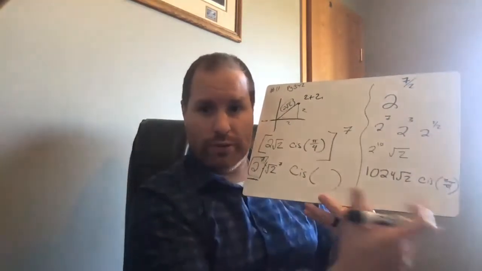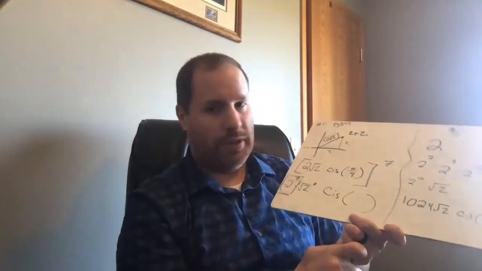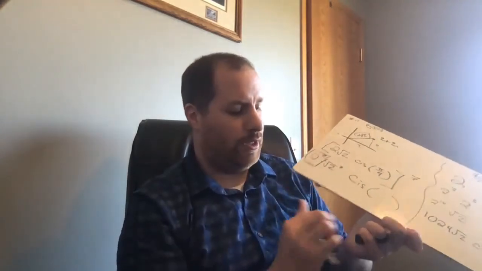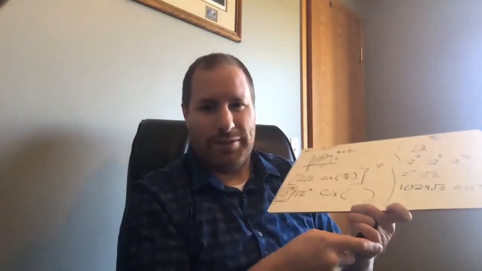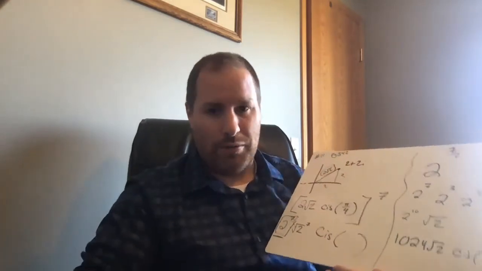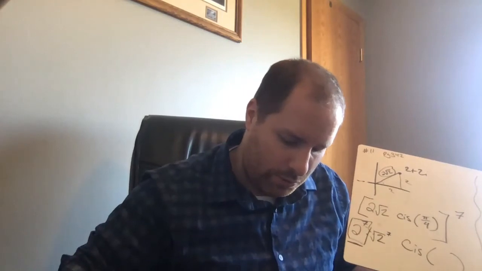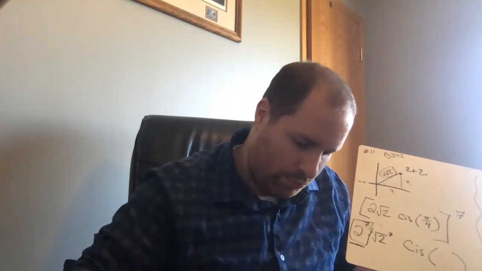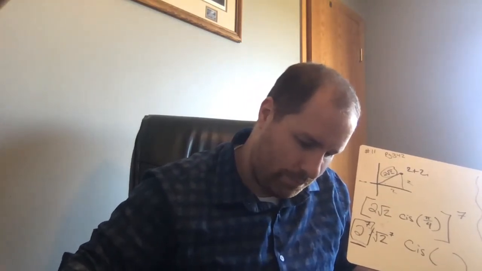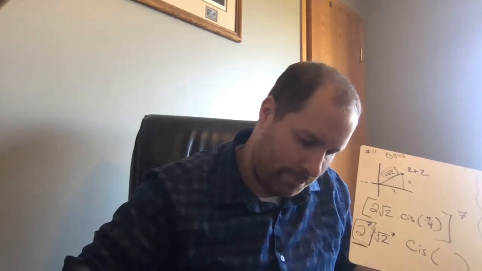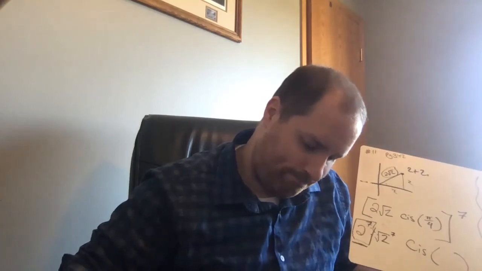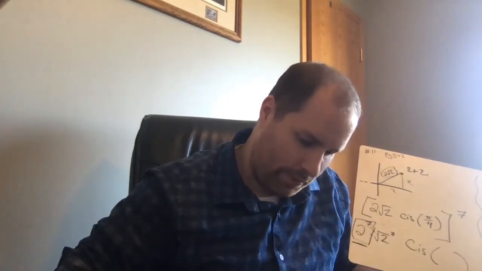And if you're not sure on this simplifying part, you can always type that into your calculator and see if that works out. In fact, that's what I'm going to do right here, just so you guys can see. One of them is 2 times the square root of 2 to the 7th. Oh boy, formatting's getting all off here.